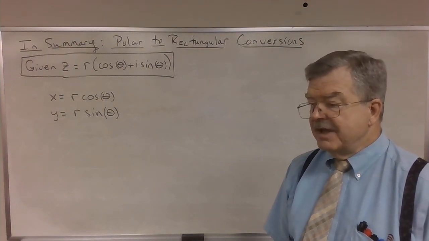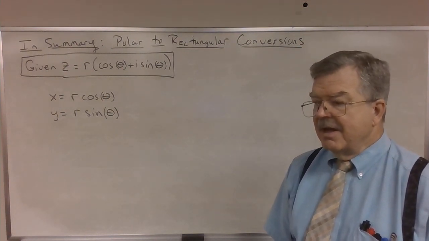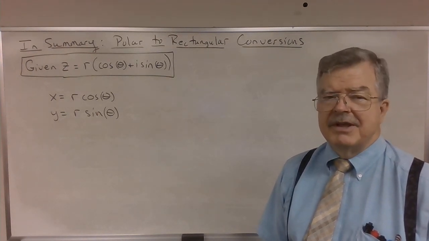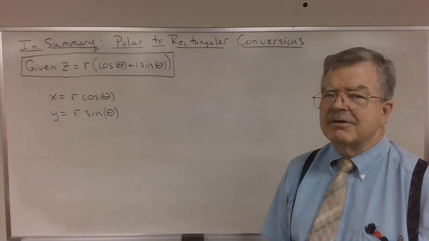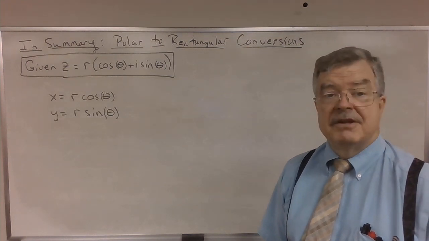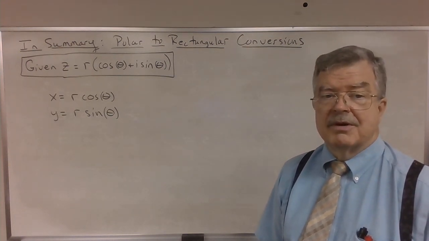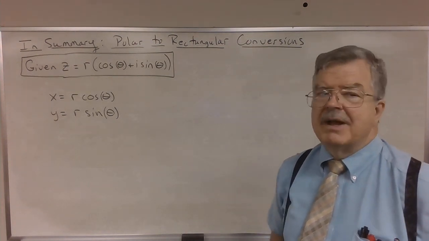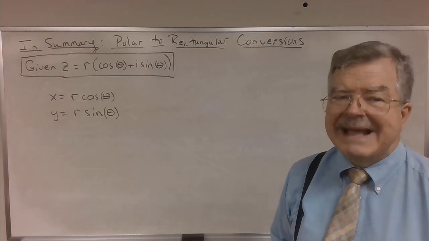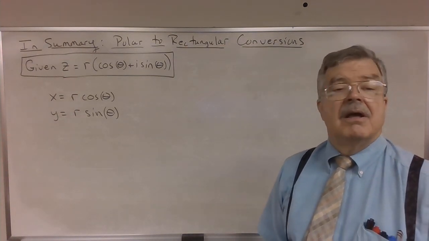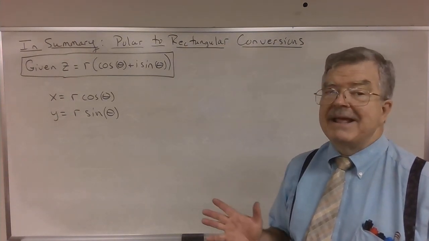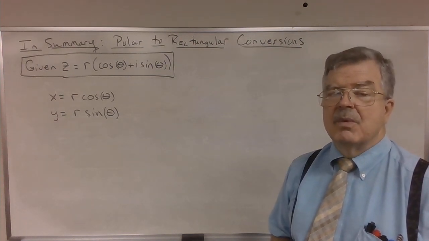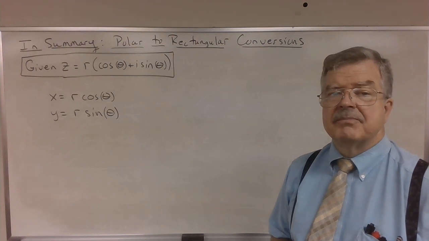And the answer is some algebraic manipulations are very easy to do in rectangular coordinates, but very difficult to do in polar coordinates. Okay, so why don't we just do everything in rectangular coordinates? We've seen that adding two complex numbers in rectangular coordinates is pretty easy.